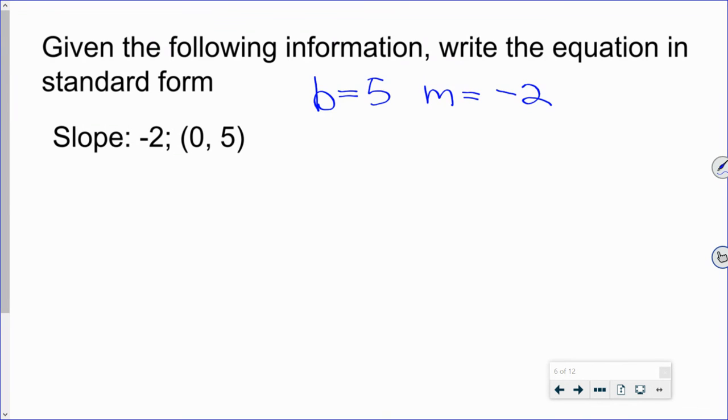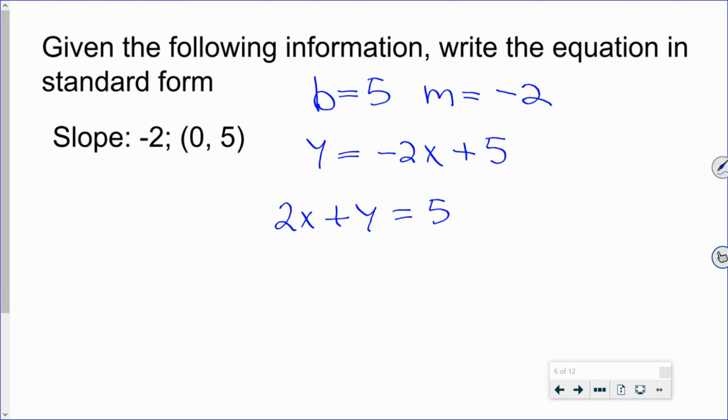I can use slope-intercept form here because that's what I've got. Or I could use point-slope form. Either would work. I'll be honest with you, y equals negative 2x plus 5 is going to be a little easier to convert to standard form, because all I have to do is have 2x on both sides. So it's 2x plus y equals 5.